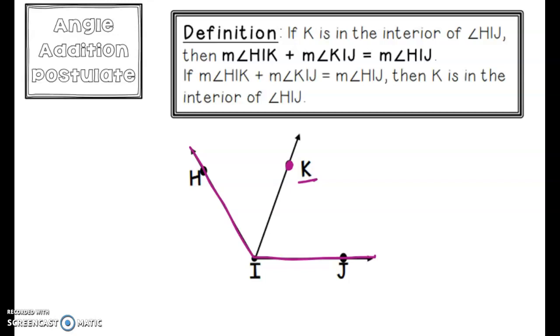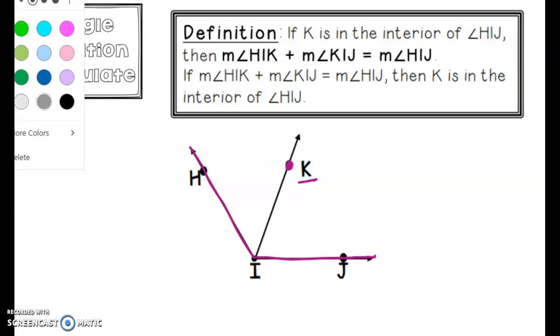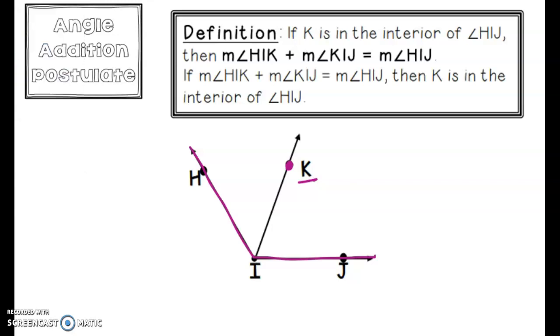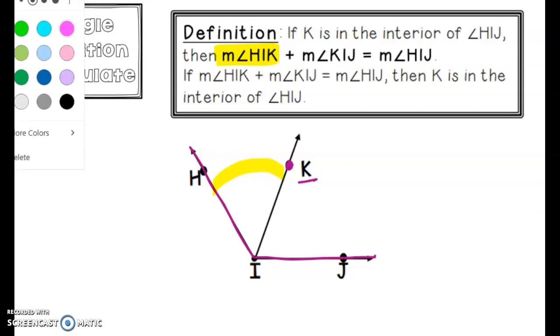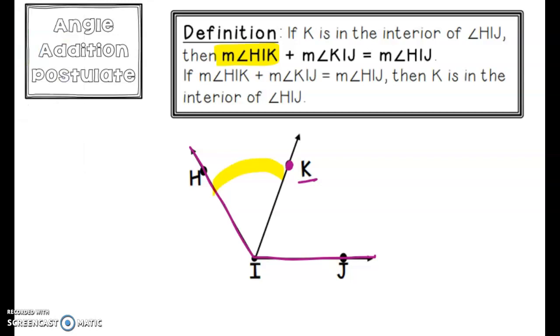So it says if that's the case, then, and I would really suggest you use a highlighter, let's color code this a little bit, angle HIK, that's this angle right here, plus angle KIJ, that is this angle right here.